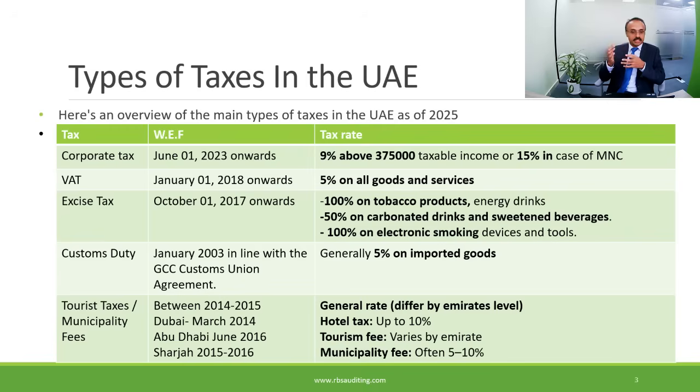These are the effective dates for the tourist tax or municipality fees. We are not going deep into this area, but get a general idea: hotel tax up to 10%, tourism fee varies by Emirate, and municipality fee is often 5 to 10%. In some Emirates it is 7%. So it changes depending on the Emirate.